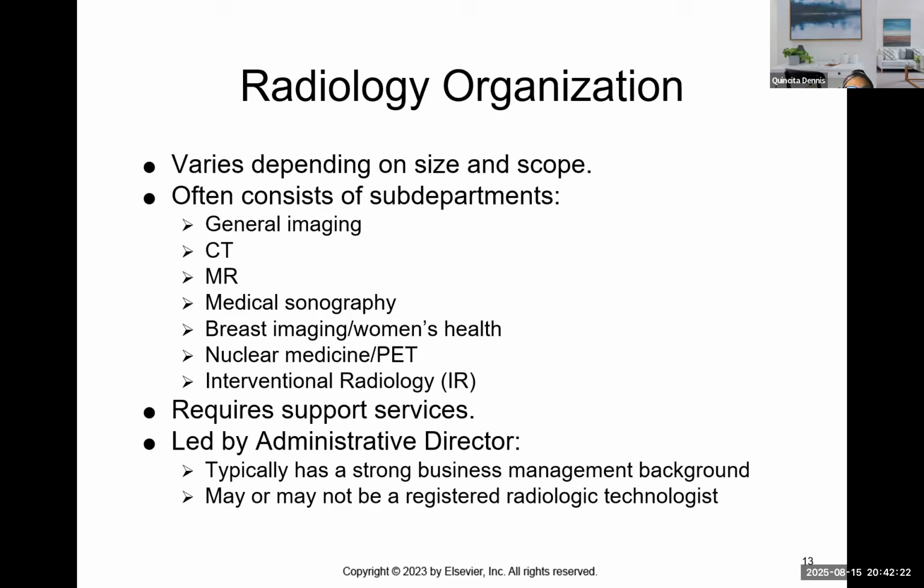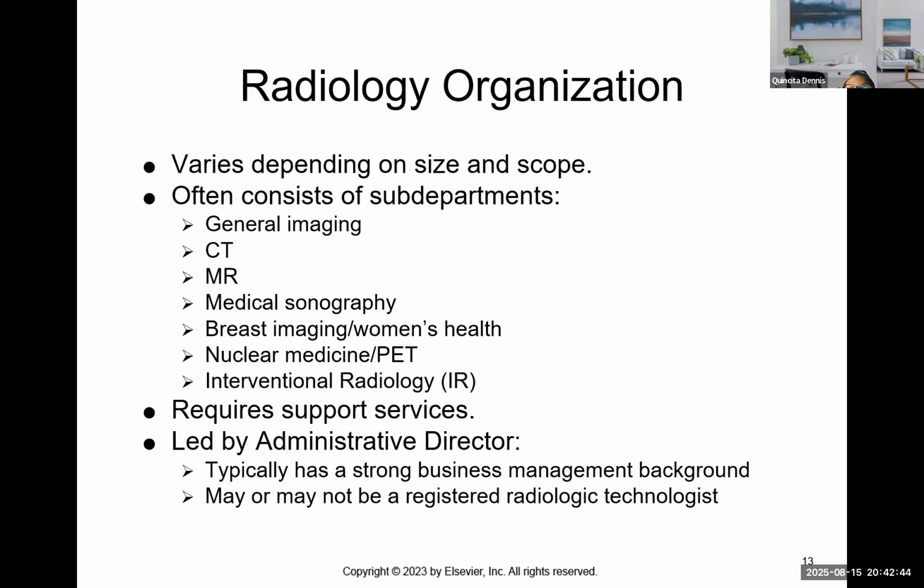So as you can see right here, those sub departments, we're looking at diagnostic x-ray. That's the general x-ray where they're coming in, we're taking those 2D images. They might have a CT department, MRI department, ultrasound, that's medical sonography, mammography, breast imaging.